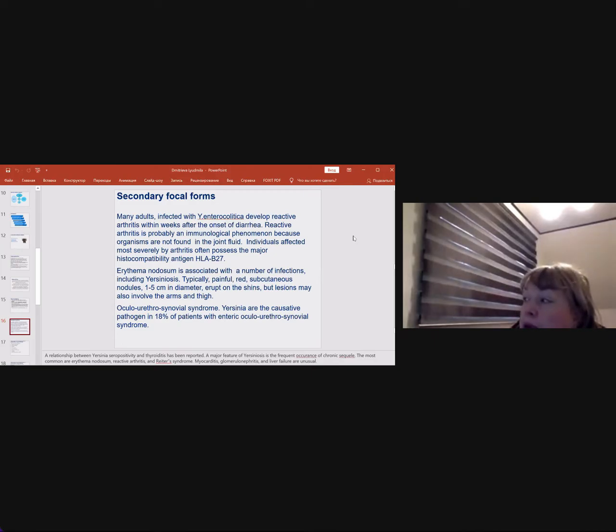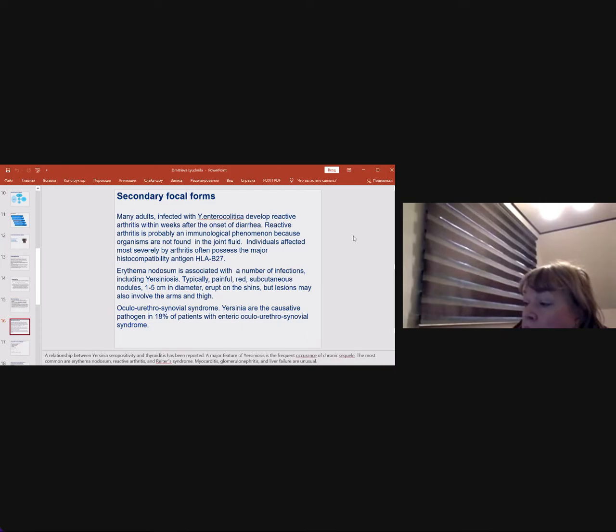Erythema nodosum may occur in sarcoidosis, and in patients with neoplastic diseases. Don't forget about it. It is very important for differential diagnostics.